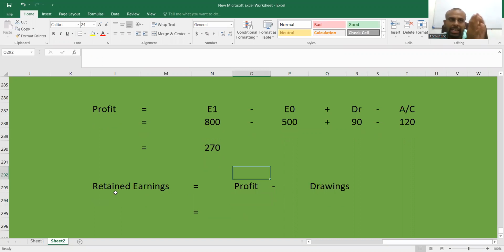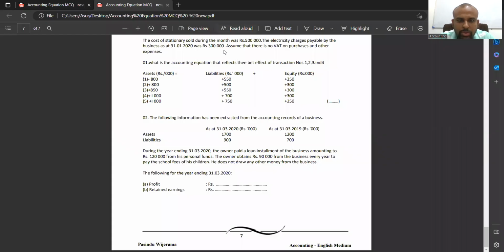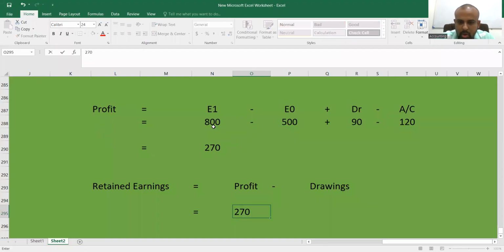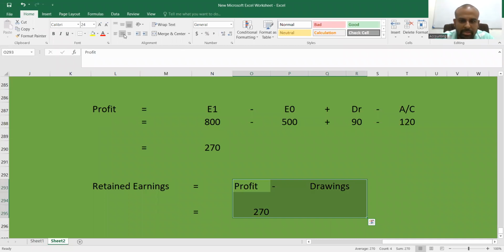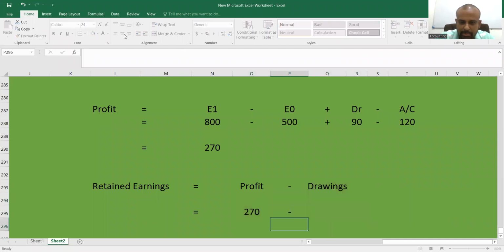The owner takes part of the business profit as drawings, and what remains is the retained earnings. Where do you keep the retained earnings in the business? It is the profit reinvested by the owner in the business. The business profit we calculated is 270. The owner has withdrawn rupees 90, drawings rupees 90.